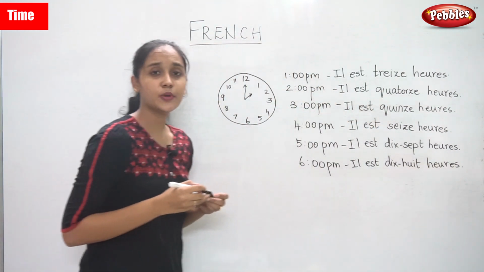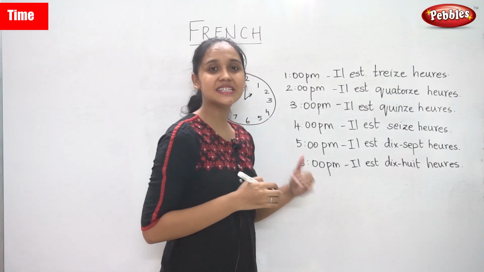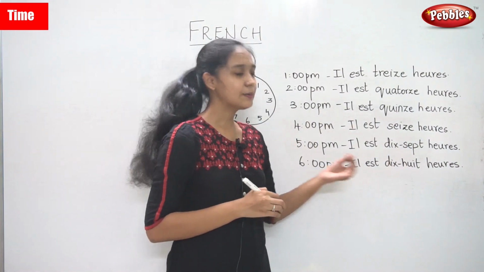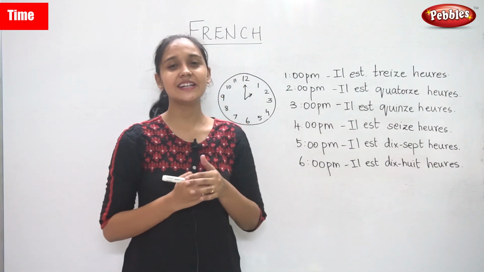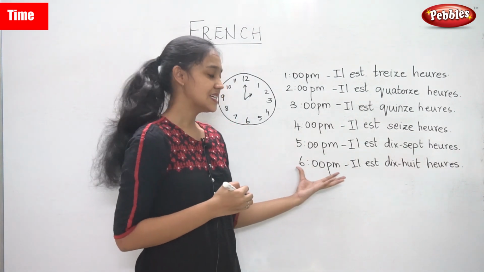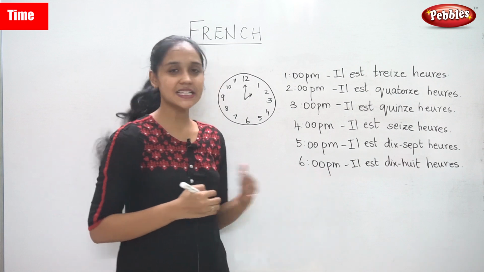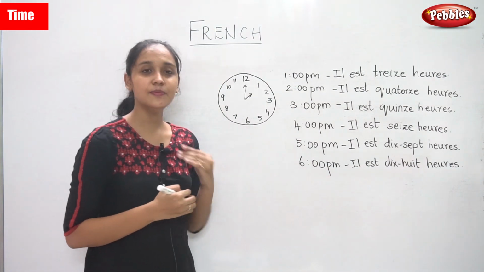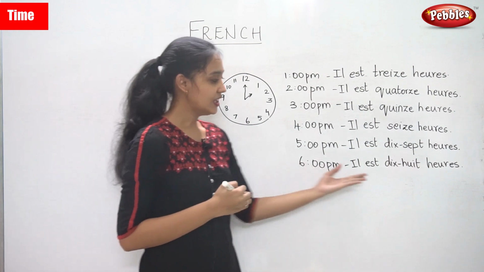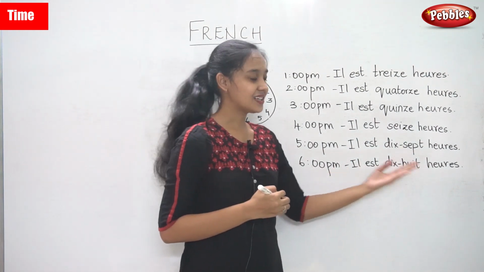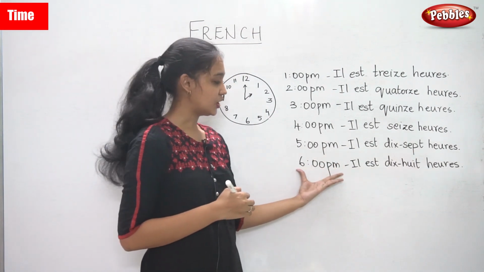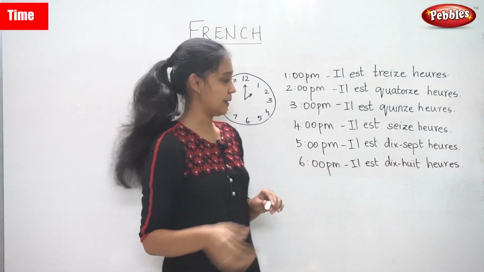So initially when someone tells you the time, if they say il est 18 heures, it might be difficult for you and you might have to think before understanding that it is 6 p.m. But as you practice, it will come naturally. So if someone says il est 18 heures, automatically your mind will tell you it is 6 p.m.